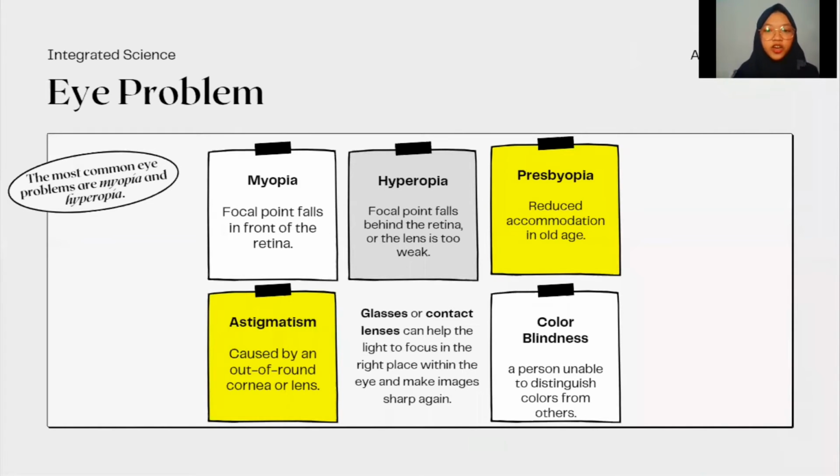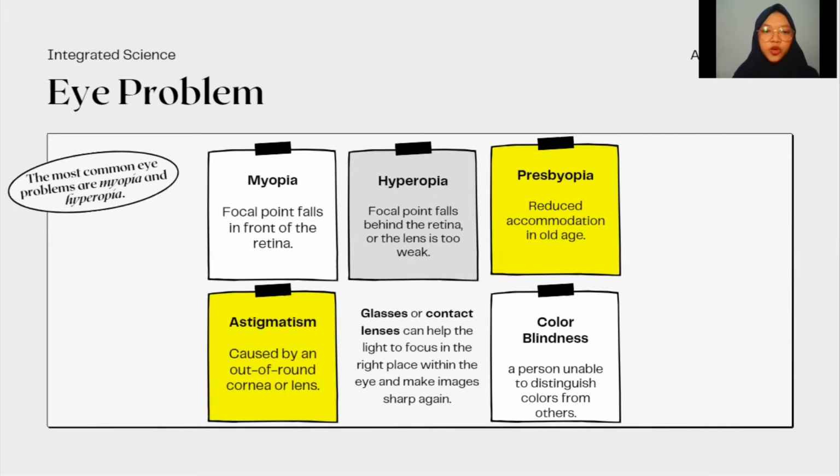Presbyopia is the reduced accommodation in old age, so that the near point of the eye becomes farther. Astigmatism is caused by an out-of-round cornea or lens, so we can't see things clearly. And color blindness is when a person is unable to distinguish colors from others.